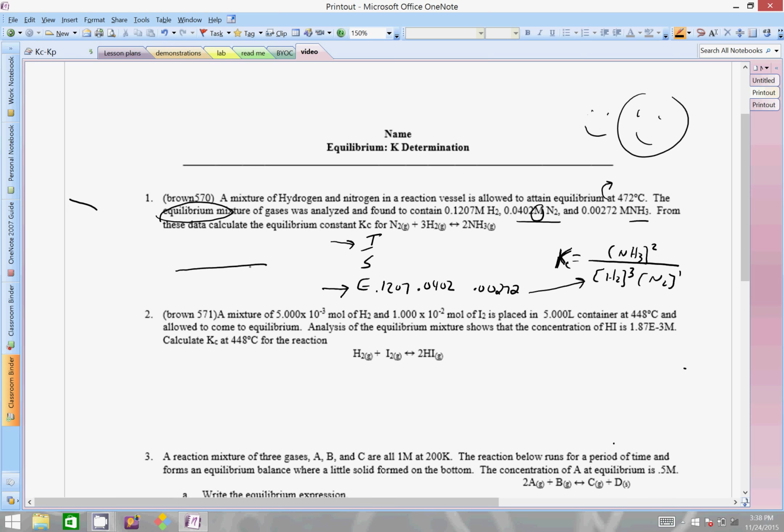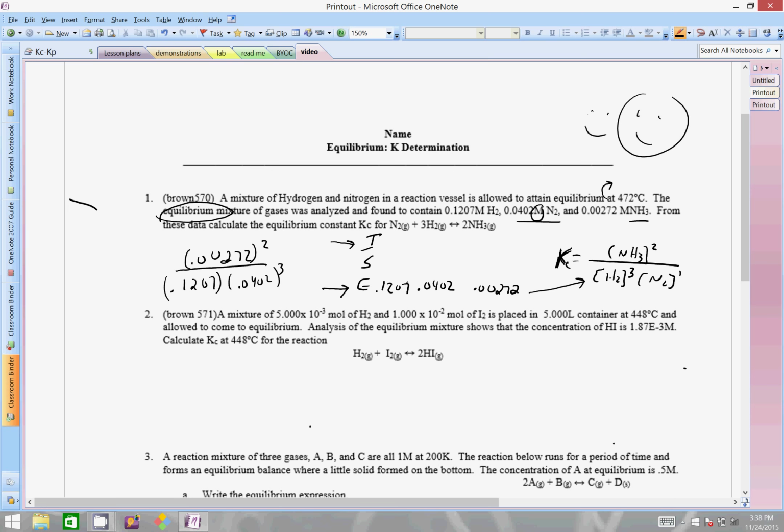I have the NH3, which is 0.00272 bracket squared. I have H2, which is 0.1207, and then I have N2, which is 0.0402, and it would be the H2 which is cubed. Yes, cubed.